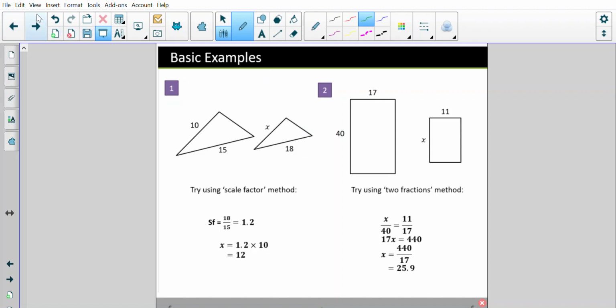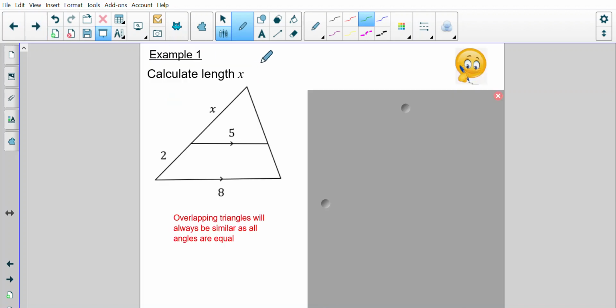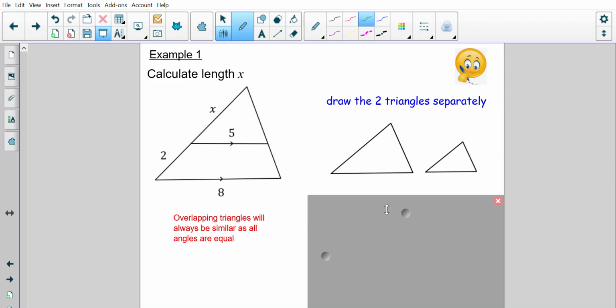Okay, let's move on then to looking at some slightly harder examples. So we often get shapes that overlap each other, and if we look at these two overlapping triangles, we're asked to calculate length x. Remember, overlapping triangles will always be similar as the angles are equal. Now what I recommend that you do when you've got overlapping shapes is you draw the two triangles out separately and label up the appropriate lengths.